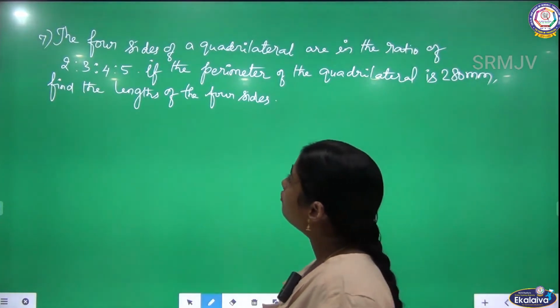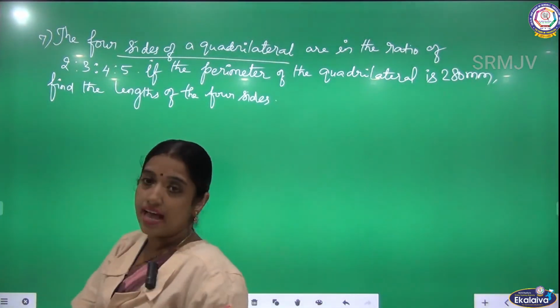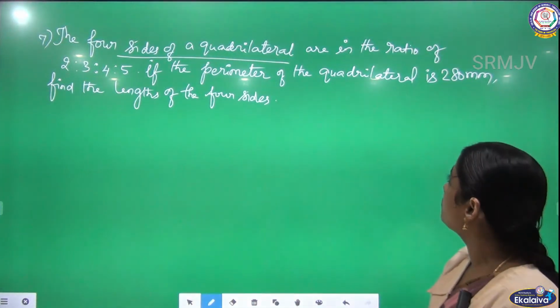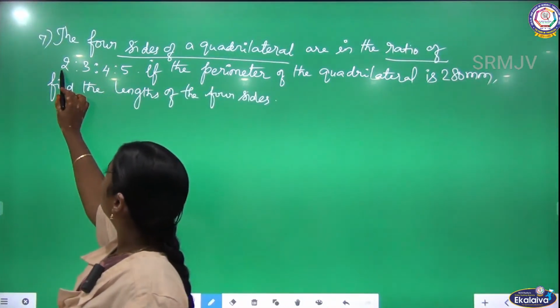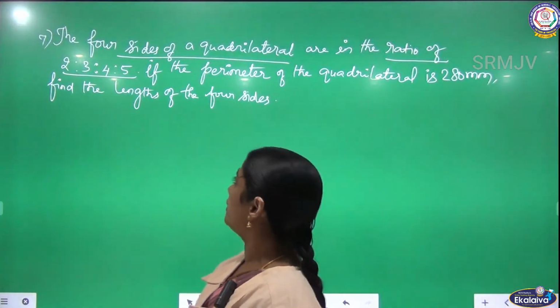Listen. The four sides of a quadrilateral, which has how many sides? 4 sides, and they are given in the ratio 2:3:4:5.